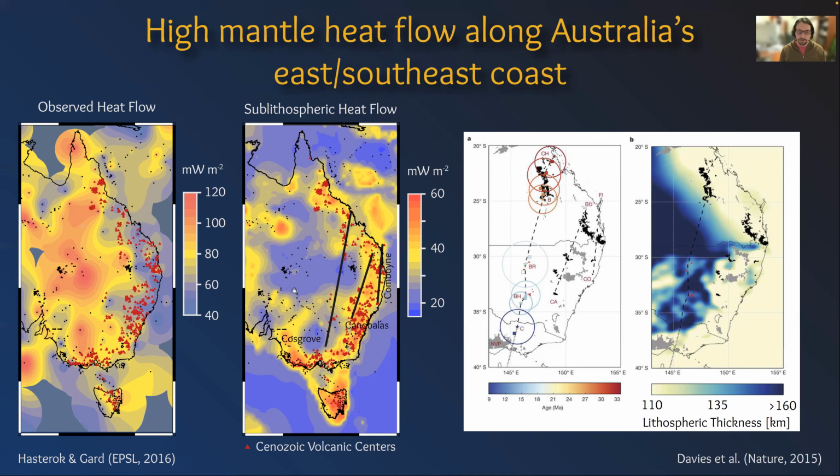If we look at the sublithospheric heat flow, though, once we've removed that radiogenic effect, we actually see a fairly clear signal here between the sublithospheric heat flow and the Cenozoic volcanic centers. In fact, it's almost a one-to-one correspondence. This model also matches very well the lithospheric thickness estimates from Davies in 2015.